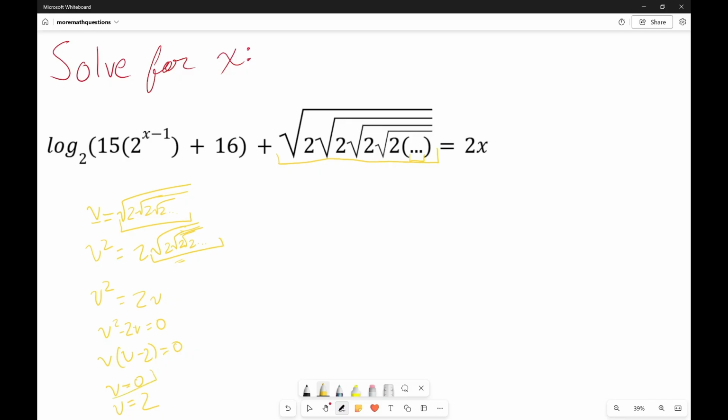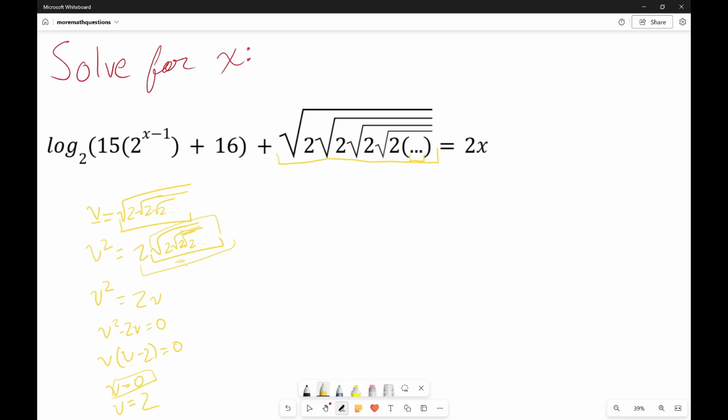Well, if you notice, v equals 0 does not make sense over here, because the only way that v could equal 0 is if, looking back up here, this part over here would have to equal 0, which does not make sense for an infinitely square rooting number. This entire thing represents a geometric sequence that converges.